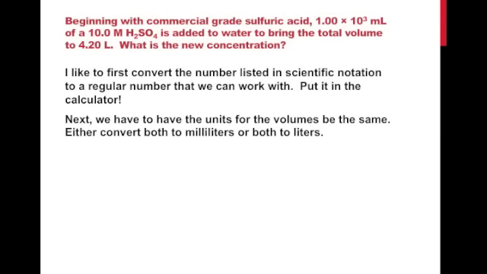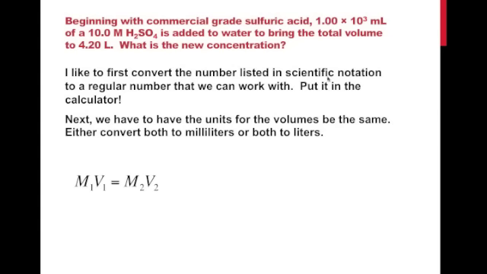Now, I can't leave that in milliliters because the other number that was given to me was in liters, so I have to make them the same. I'm going to choose to convert that 1,000 milliliters. That's just 1 liter. Real straightforward, real simple. This number right here is going to become 1 liter. Now I can use this formula.